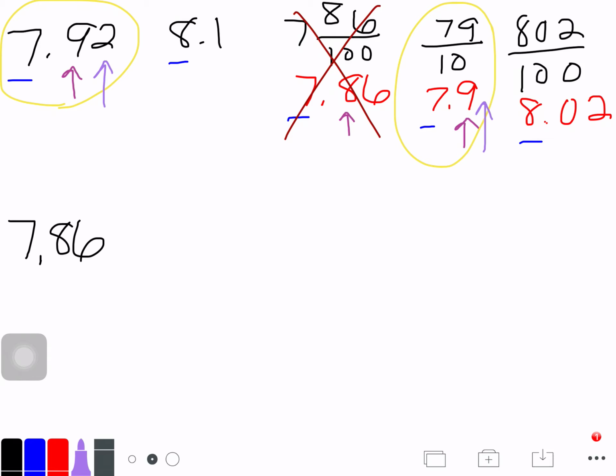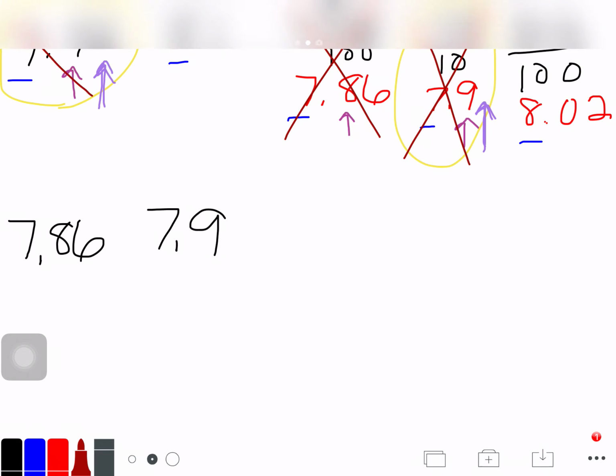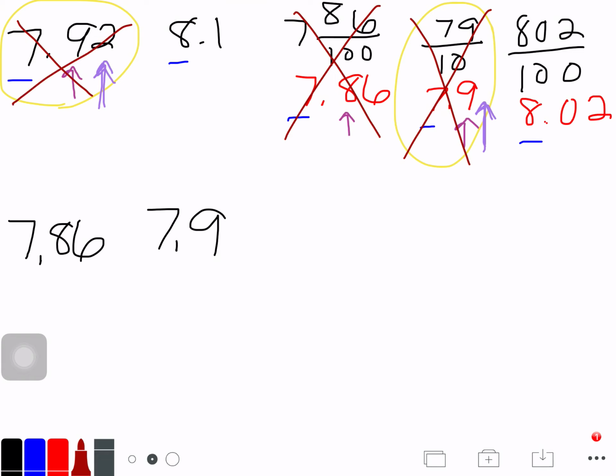So then I know that this has 2 hundredths more than this. So then 7 and 9 tenths is my next smallest. I also know that because 7 and 92 hundredths is my last decimal with the 7 in the ones place, that it is my next smallest.